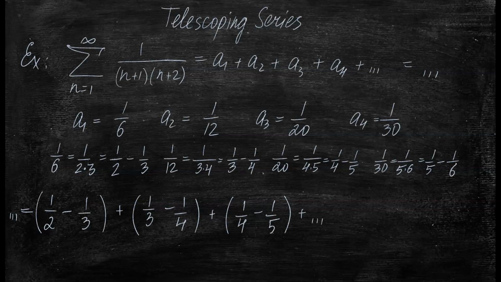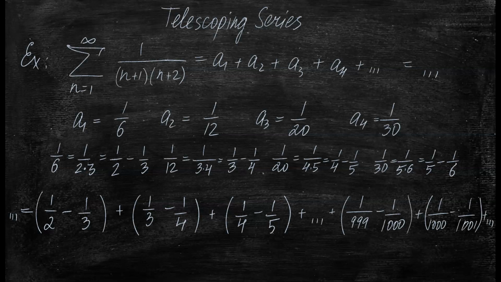And you bet somewhere down the line we're going to have 1/999 minus 1/1000, and then right after we're going to have 1/1000 minus 1/1001.